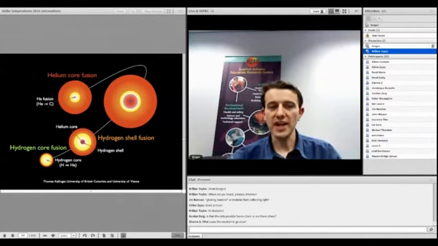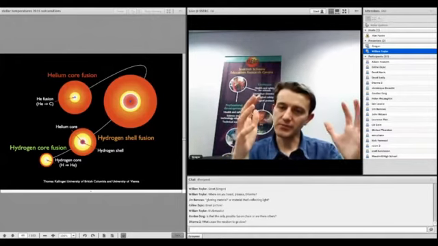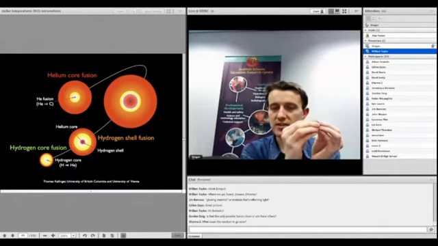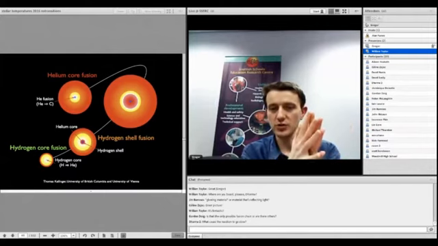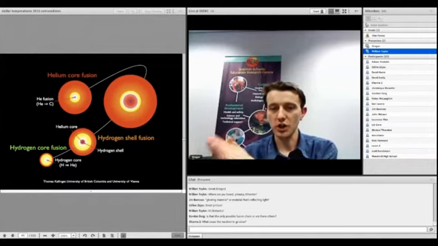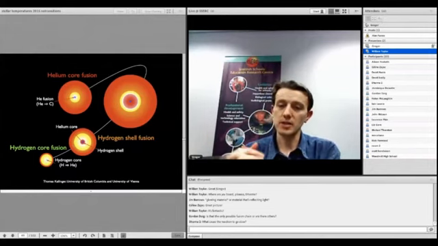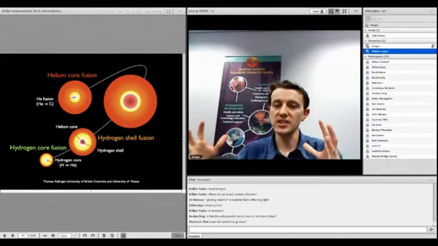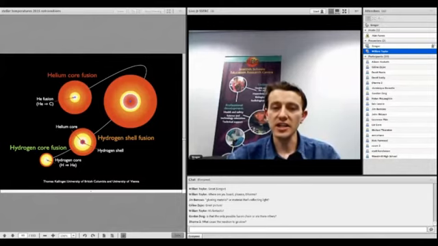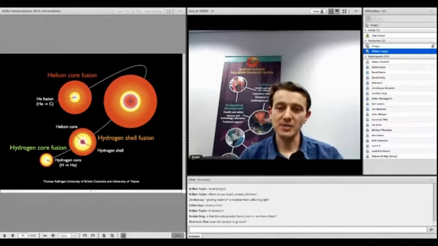Eventually, because there's fusion around the shell as well, it leads to sufficient heating in the core that the helium can start to fuse and generate heavier elements, things like carbon, oxygen, right up to iron, depending on the size of the star. Things will keep fusing. One of the key things here is that your star has expanded, and this means that the outer layers of the star cool.